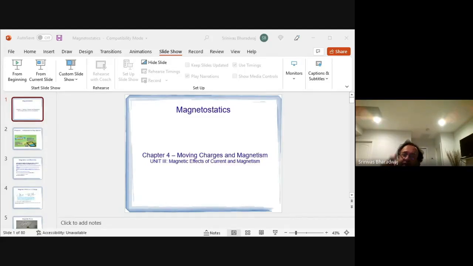So if you had a long, infinitely long current carrying conductor, then at any point like this, the B will be in this direction.